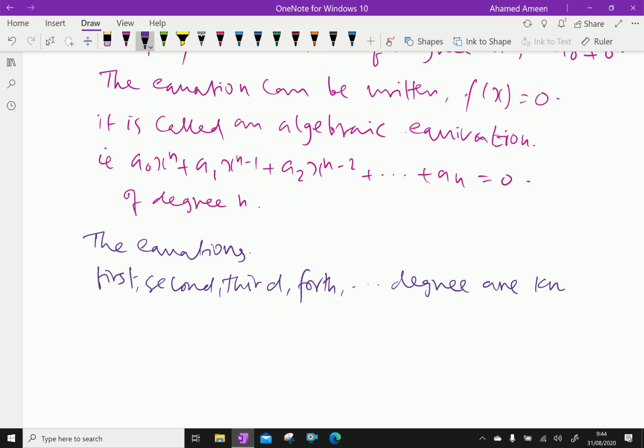If degree is 1, the equation becomes a linear equation. Degree 2 means quadratic, 3 means cubic, then biquadratic equations respectively.